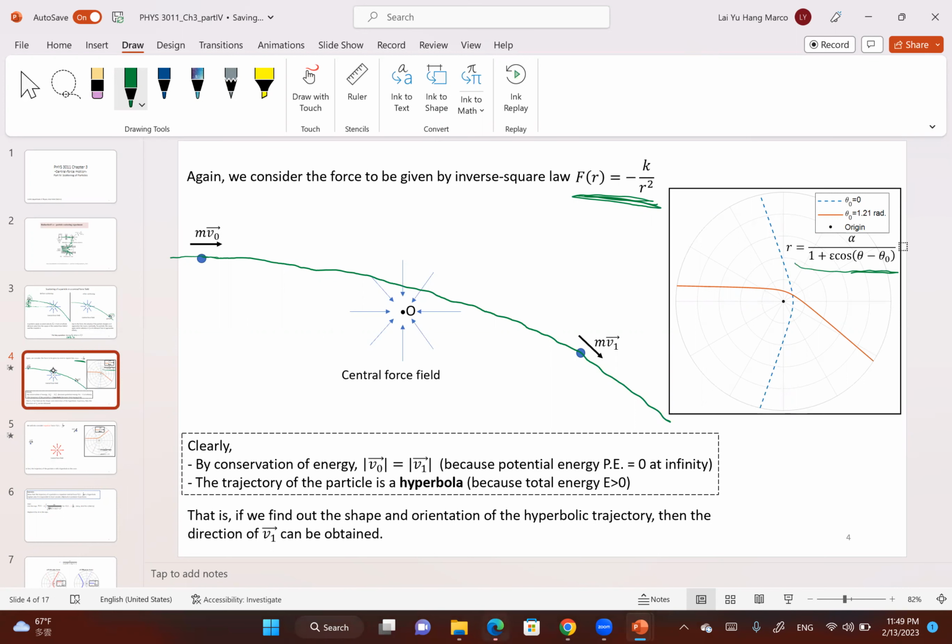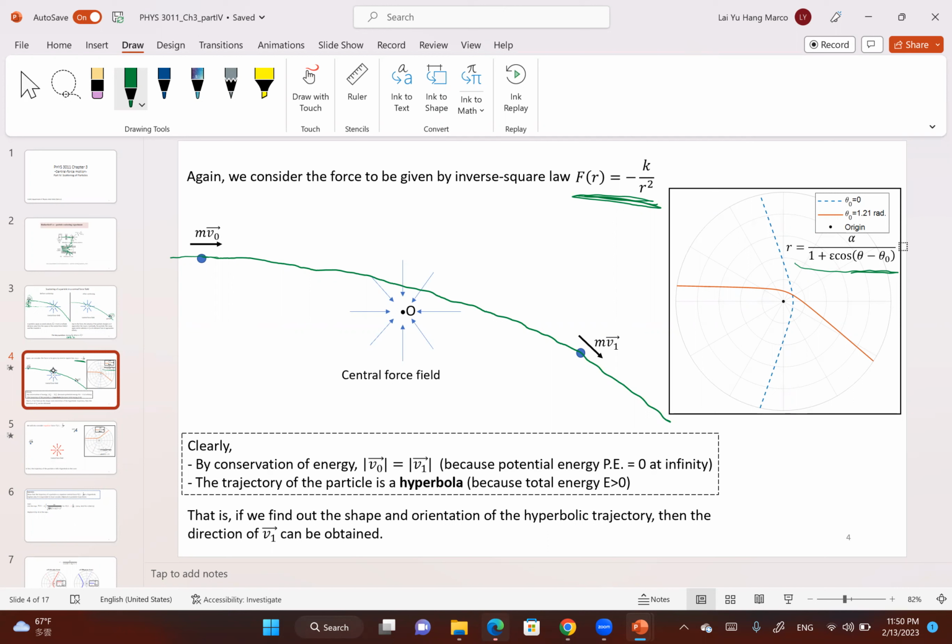The blue one is the one that you are familiar with. The blue dash curve is a hyperbola that you have seen in part 1 of this chapter, and that is the case when this theta naught is 0. Remember that in part 1, I always consider the case that theta naught is 0.